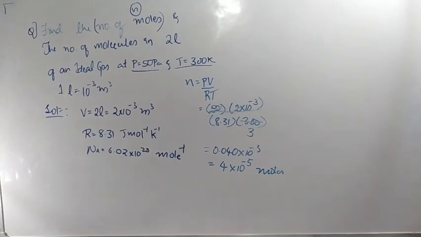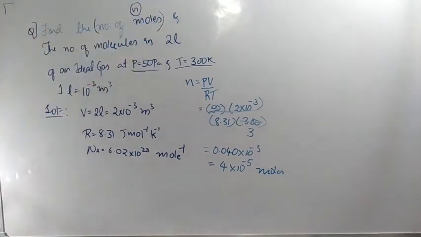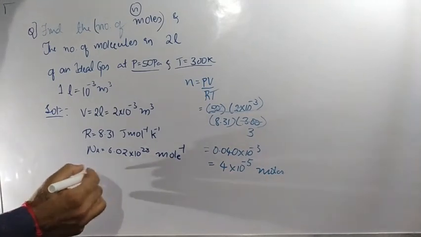So if you want to calculate the number of molecules, if they are asking here to find the number of moles and number of molecules, these many moles we have. So the total number of molecules will be how much? How many moles into, in 1 mole, how many molecules will be there? Clear? Shall I write it over here?